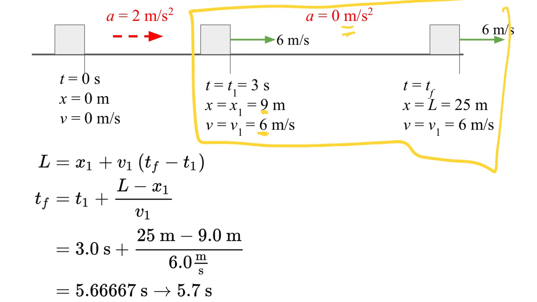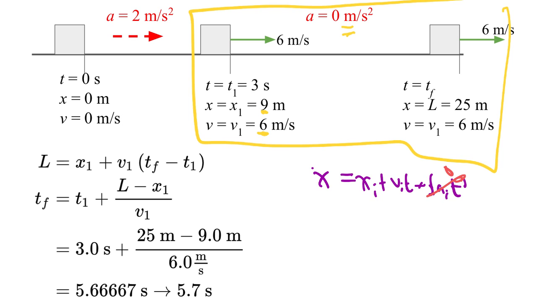And so I know the final position is initial position plus initial velocity times time plus 1/2 the acceleration times the time squared. That last term is 0, because we were told that the acceleration dropped to 0.